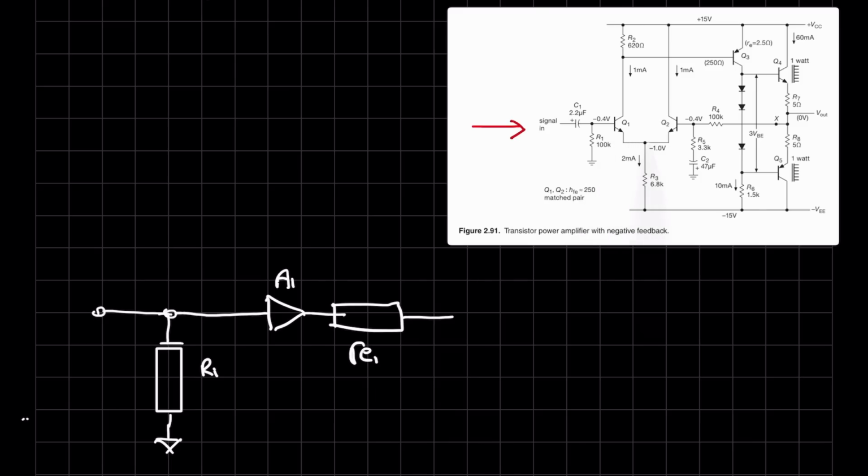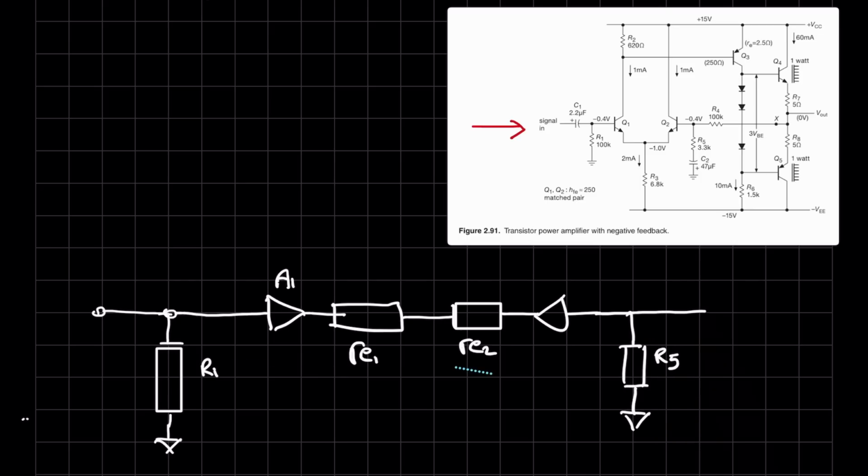And going this side, we have the intrinsic emitter resistance from Q2 as well, so let's call that RE2. We have another gain, but that is going to face the other direction. And then we have a 3K3 resistor, which is R5, and we have a 100K resistor, which is R4.